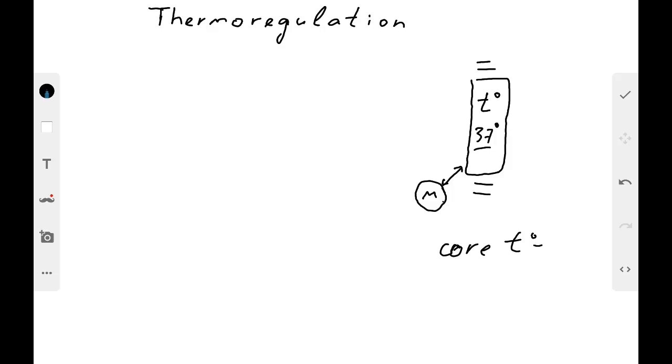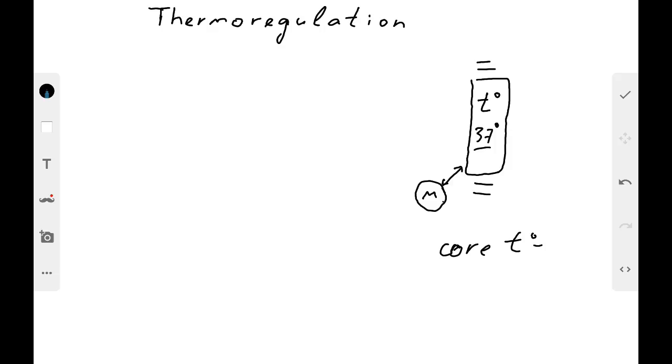We have organs that have a higher temperature, for example the liver, it is 38, because metabolism in the liver is very intensive. And we have parts of the body with lower temperature than 37, extremities for example, and peripheral parts of the body. So we have the temperature of the shell.